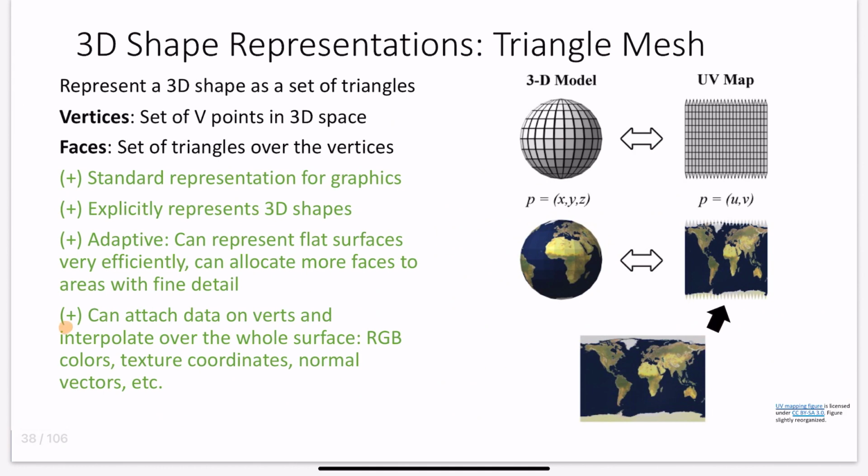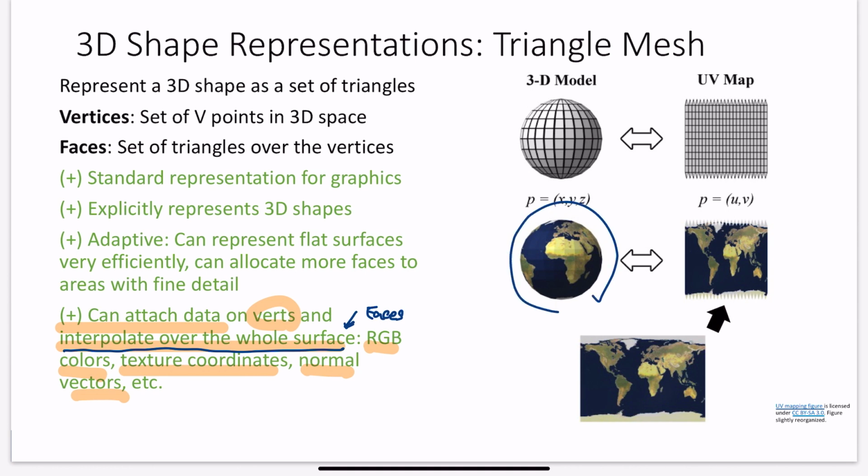One more thing is that it can attach data on vertices and interpolate over the whole surface because it has additional faces. For example, if you attach data such as RGB color, texture coordinate, or the normal vector on vertices, then by interpolating over the whole surface, you can represent, for example, RGB color on a 3D domain, the texture coordinate, or normal vector.